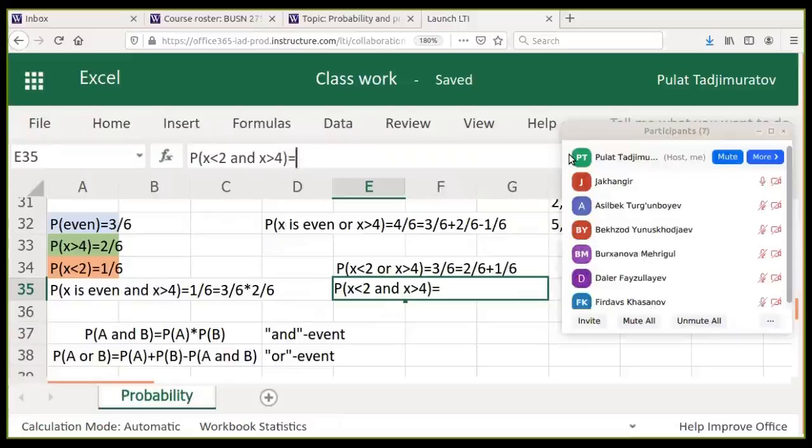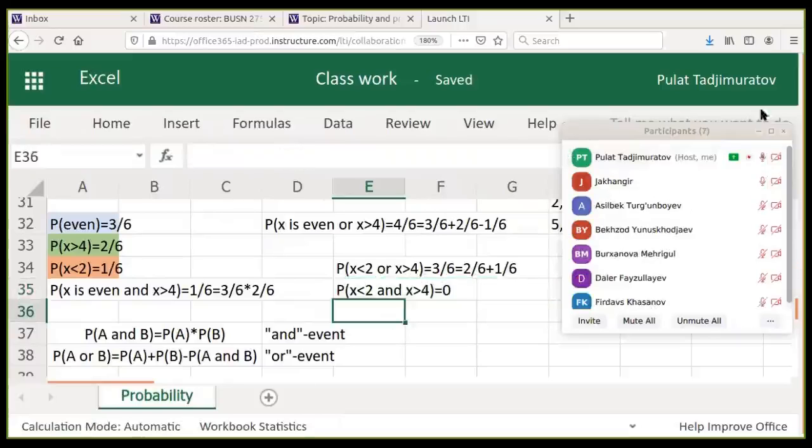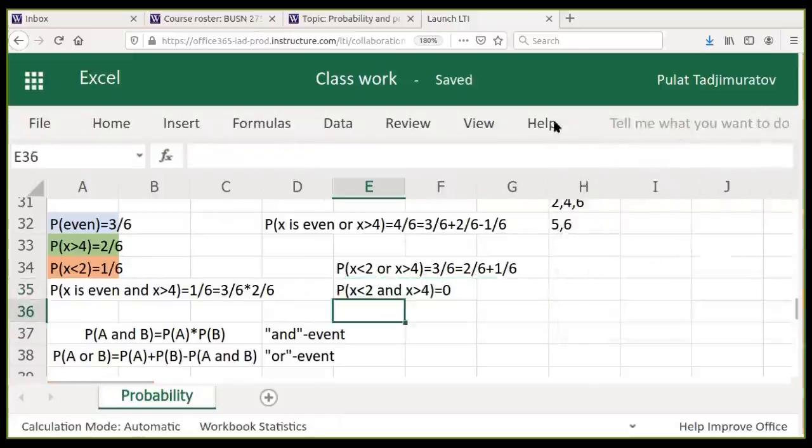So you can't have a number which is more than 4 and less than 2 at the same time, right? Because your number will be either less than 2 or more than 4. There is no way it can be both at once.